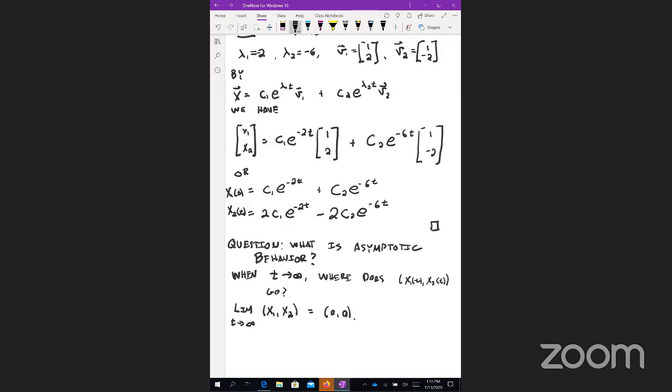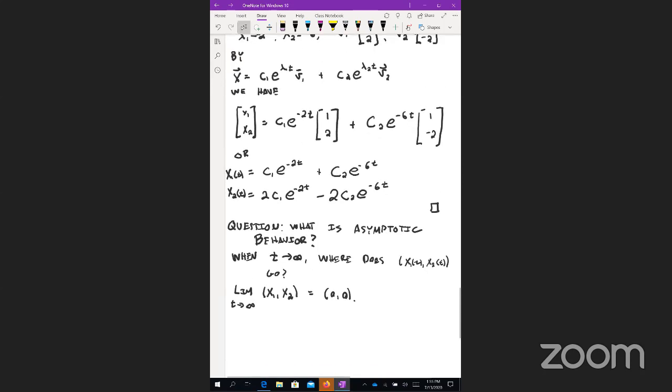And the coefficient of the exponential is negative. In some sense, we can see that this is really straightforward: both lambda 1 and lambda 2 are less than 0.